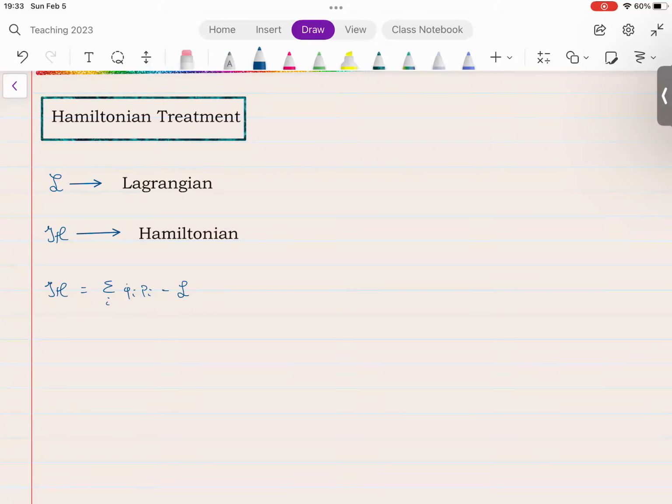Other textbooks will use subscripts and superscripts. I'm not going to worry about that level of detail.